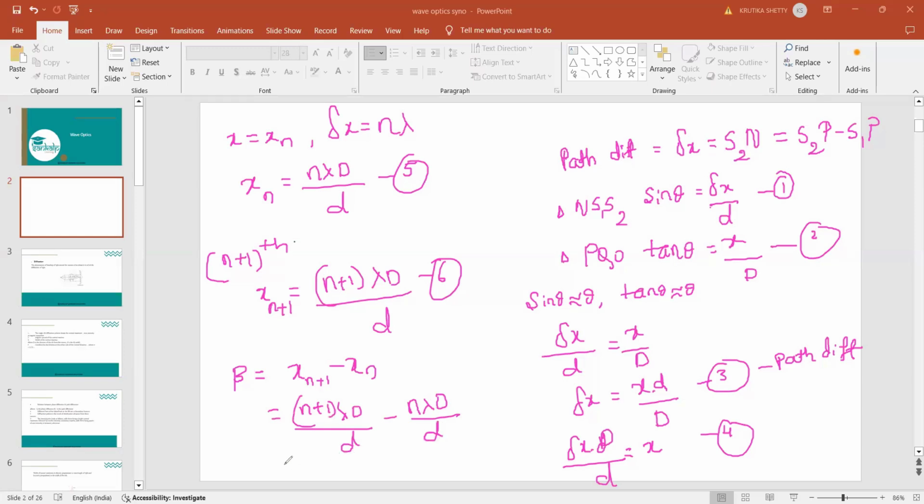So if you simplify, what is common here? The common term is lambda into d divided by d. So inside the bracket we have n plus 1 minus n, n will get cancelled. So we have only 1. So the fringe width beta is equal to lambda into d divided by capital D.